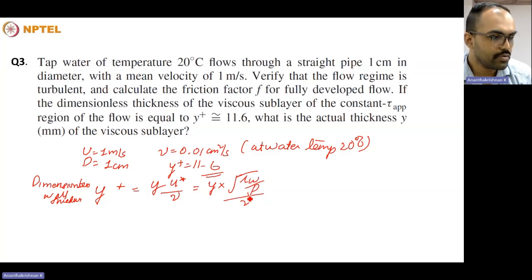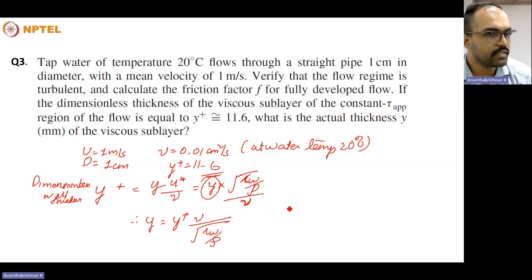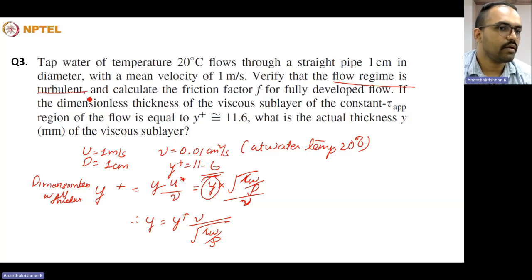So in order to calculate the value of y, you require the shear stress, density, and nu. Therefore, y can be written as y plus times nu divided by the square root of shear stress over rho. Here it is turbulent flow, and we need to calculate the friction factor for fully developed flow.